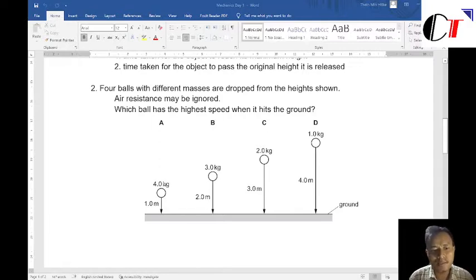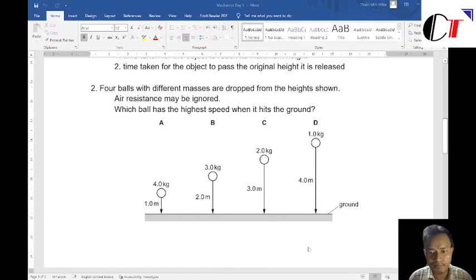You can easily see that even though they have different masses, the effect of mass can be neglected. This is very straightforward. But of course, the effect of height plays a really important role. As we have said earlier, the higher the object is, the higher the speed when it hits the ground. So the object whose initial position is the highest will have the highest speed when it hits the ground. So the correct answer has to be D.